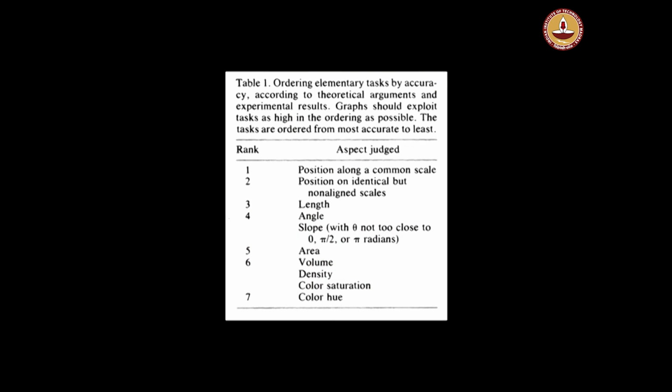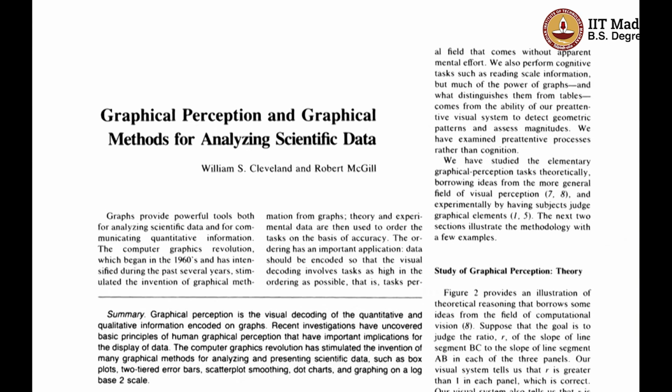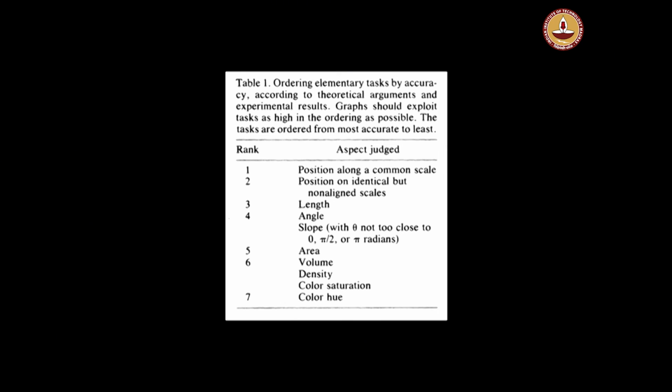Cleveland and McGill did empirical studies to figure out which visual elements are most effective for encoding data, ordering elements by accuracy according to theoretical arguments and experimental results. The rank from 1 to 7 goes from the most effective to the least effective. Positions along a common scale are the easiest.